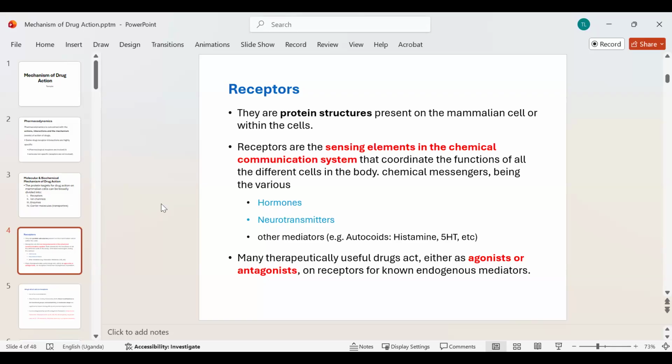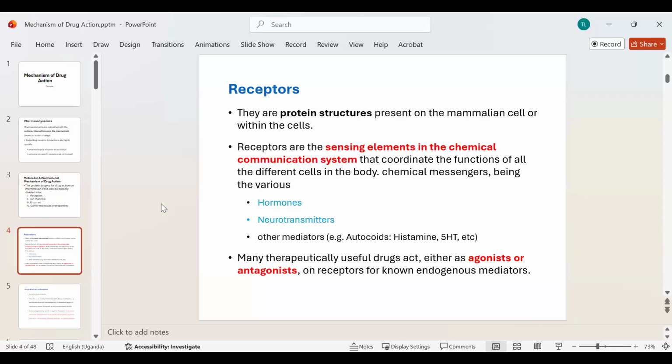Chemical messengers usually bind to them, like hormones and neurotransmitters, as well as other mediators like the autocoids, like histamine, like bradykinin, and serotonin. Those are referred to as autocoids.